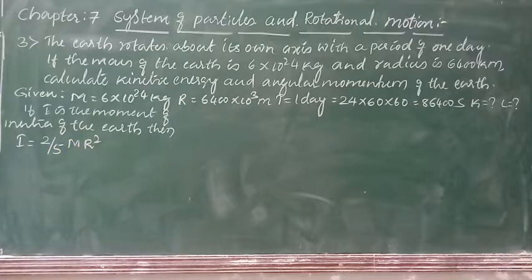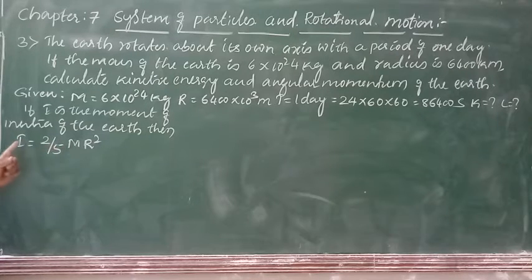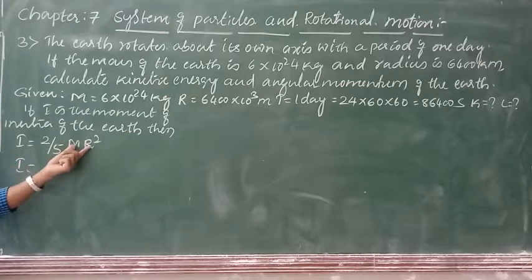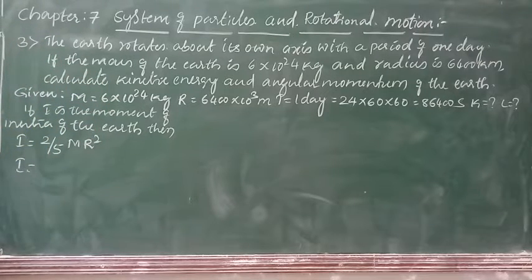This is what we know from the moment of inertia concept. So the Earth is assumed to be a solid sphere of radius r whose axis of rotation passes through its center.